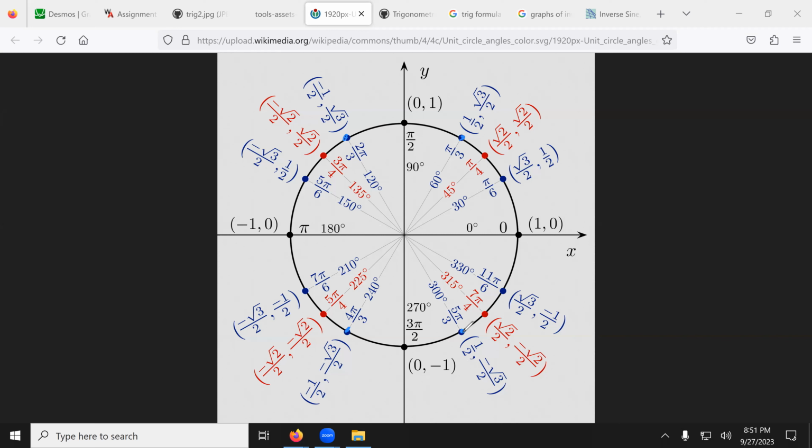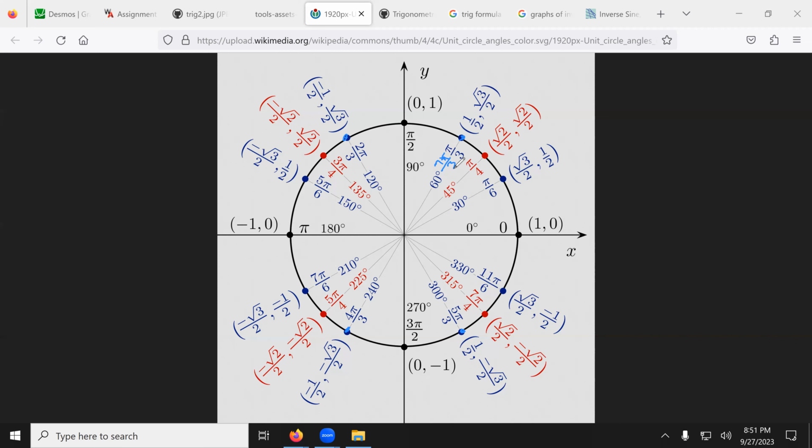So another one. 7 pi would be all the way back here. So this is the same as 7 pi thirds. Just goes, there's an extra 2 pi on top of it.